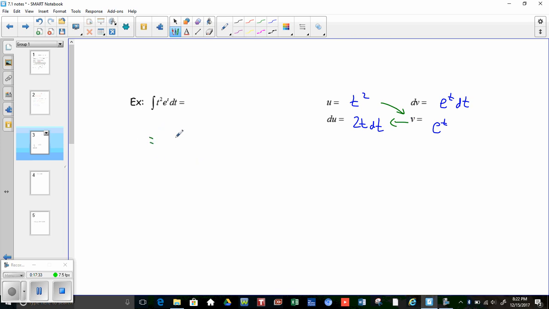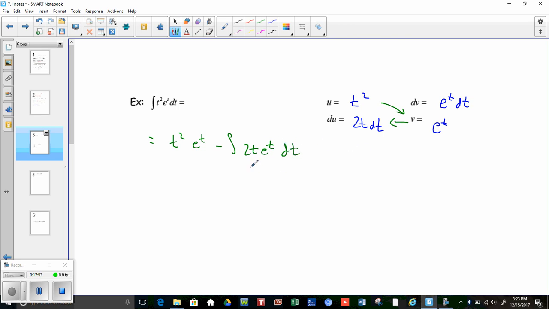So this thing equals u times v, which is t squared e to the t, minus the integral of v du, so that's e to the t times 2t, so 2t e to the t dt.